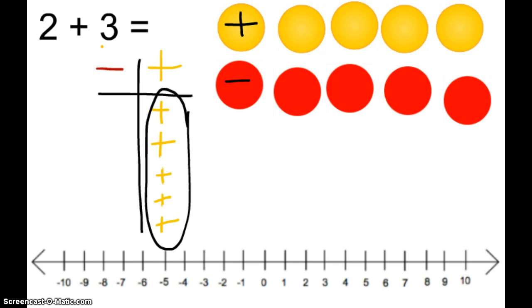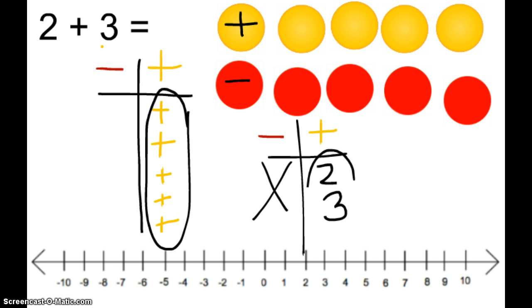Now, another way, instead of drawing the actual pluses and minuses, you would just write 2 and 3, and you have nothing over on this side. So combine those, and your final answer is 5.